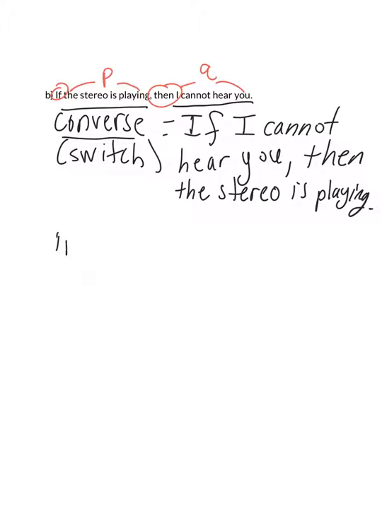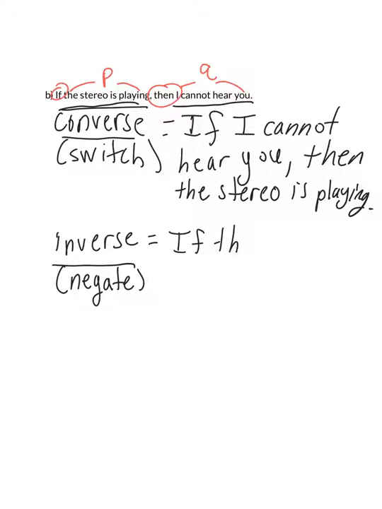Now we're going to do the inverse. And remember, inverse just means to negate both the if and the then phrases. You're not switching anything. Negate meaning change to the opposite. So instead of if the stereo is playing, it becomes if the stereo is not playing.